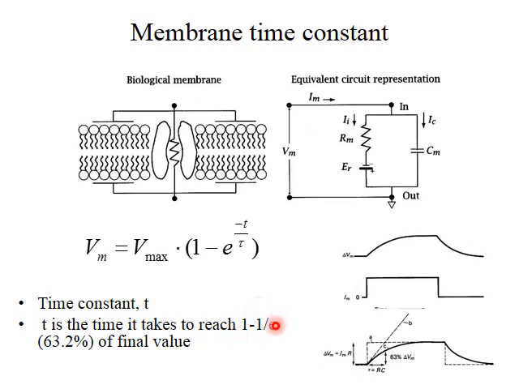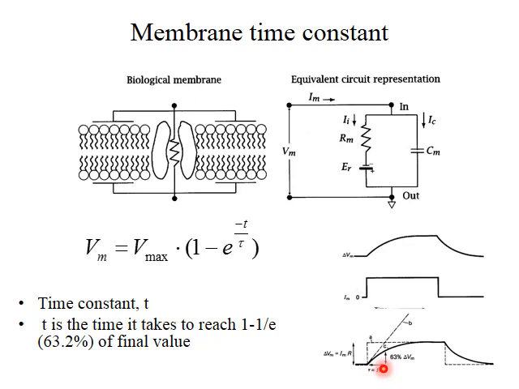If we solve for 1 minus 1 over e, we find this is approximately 63%. So if we want to define the time constant, that is the time it takes for the voltage to reach 63% of the final voltage. So that value is here, and the time it takes is tau.